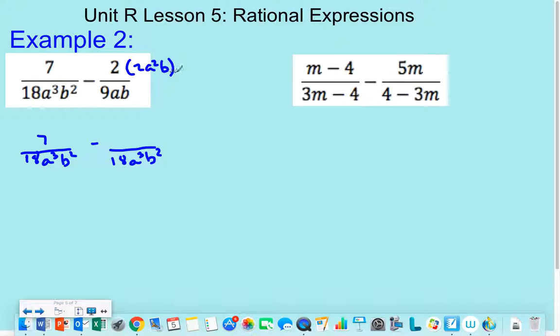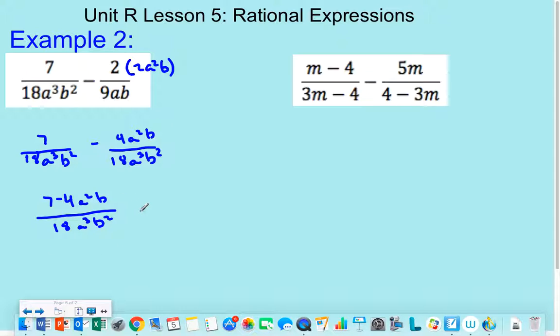So I'm going to have this times the numerator. Multiplying these out, I'm going to get 4a squared b. And, well, now that I have the common denominators, I can just put it all together, and I've got 7 minus 4a squared b divided by 18a cubed b squared.